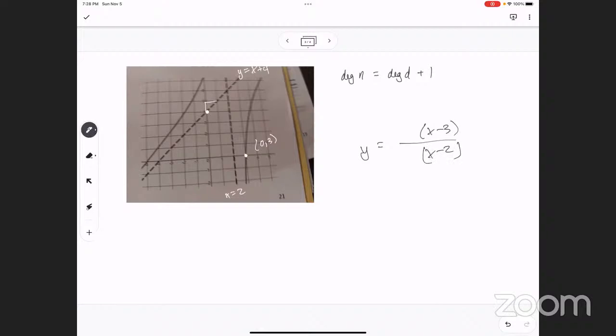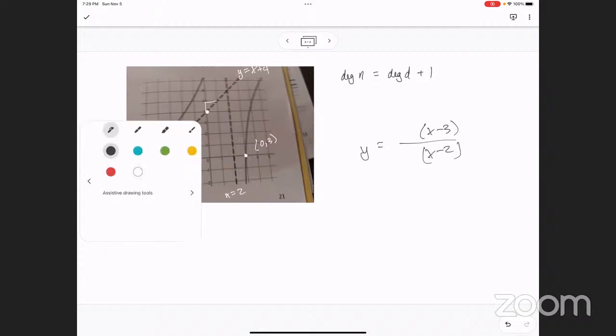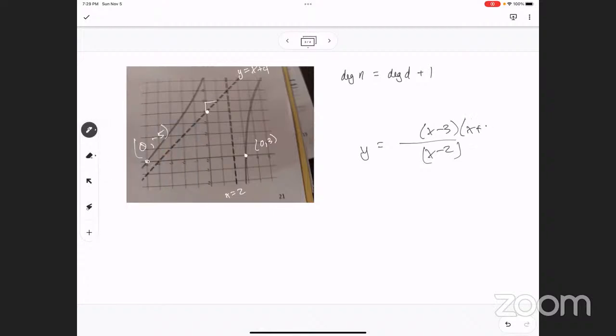That comes from this. But I know I have to have one more in the numerator, which I do, because here's another 0 I forgot to write over here. The other 0 is -5. So that implies that I have x plus 5 as well in the top.